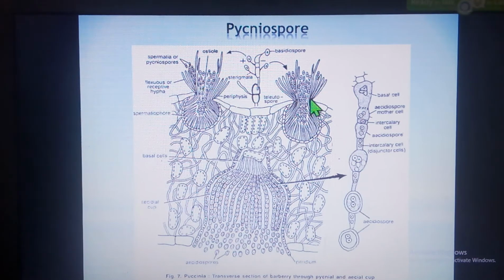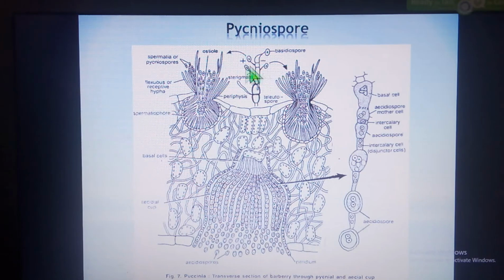Now, the pycnospore or the spermatium does not infect any host. They remain here on the barberry plant. The mature pycnia, both the positive and the negative type, secrete a nectar drop. Remember this.